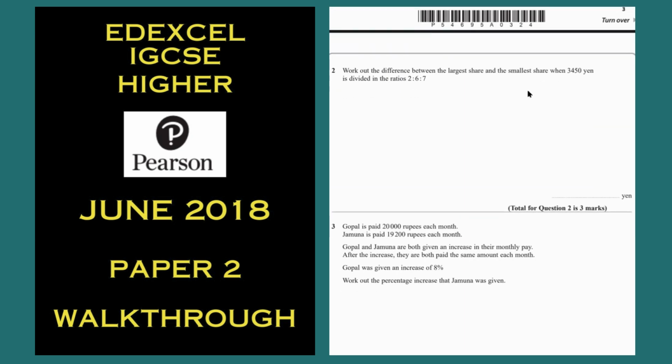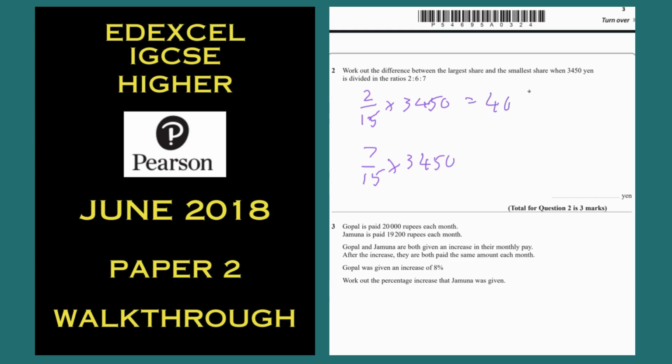Question 2, a few ways you can go about this one. Because 2 plus 6 plus 7, if you want to find 2/15 of it and 7/15 of it, that's the way to go about it if you don't spot the shortcut.